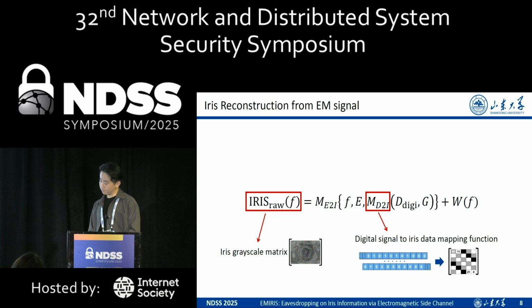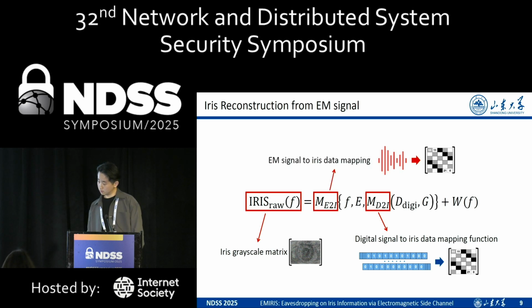First, the MD function shown here maps the digital signal from the near-infrared sensor into the iris matrix based on the device format. And step two, the ME function maps the EM signal to the iris matrix based on the iris data transmission pattern. Since the MD function is well defined for most near-infrared sensors, we can derive the ME function based on this knowledge.